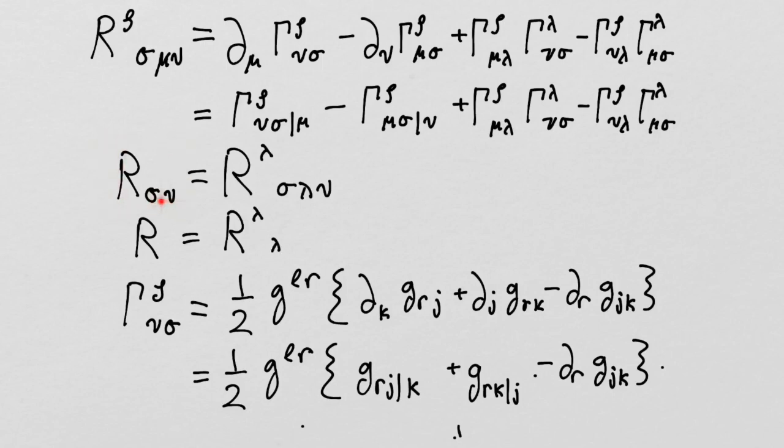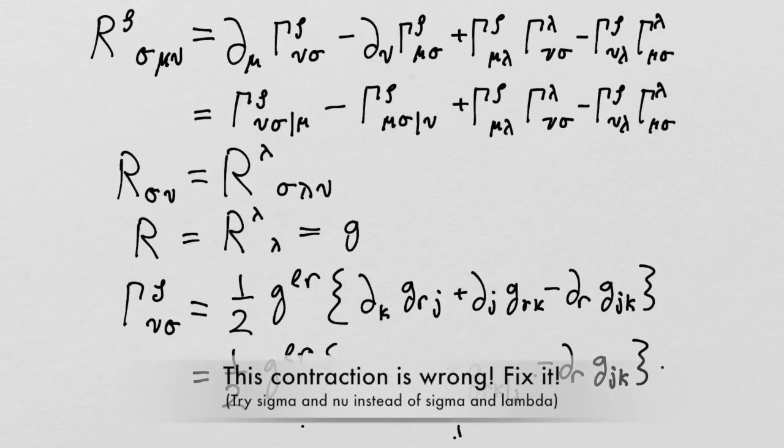But of course, you can't just straight up contract that guy. When you see R lambda lambda, you have to think automatically g sigma lambda R sigma nu, like that, right? G is symmetric, so I guess I could also write it g lambda sigma R sigma nu, depending on whether or not you like.